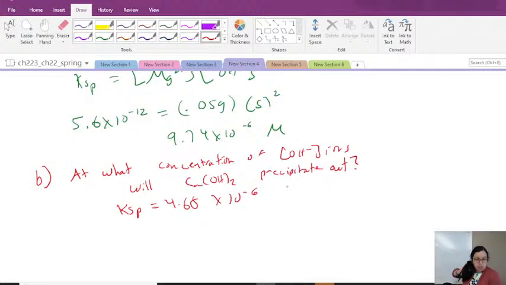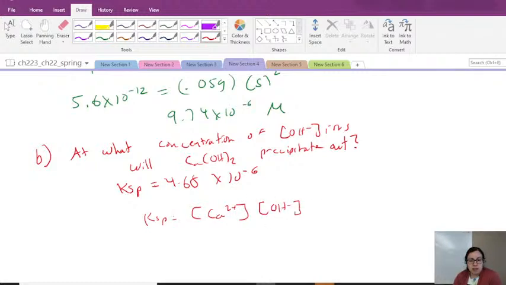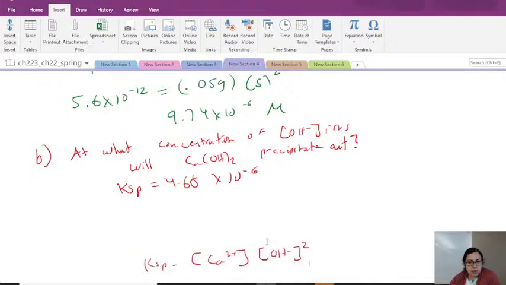And then how can we set up our KSP expression? So it'd be equal to the calcium concentration times hydroxide, and then don't forget squared, since there's two of them. And you can always write out your reaction, so I'll write out our reaction so we can remember how many we have of each one.